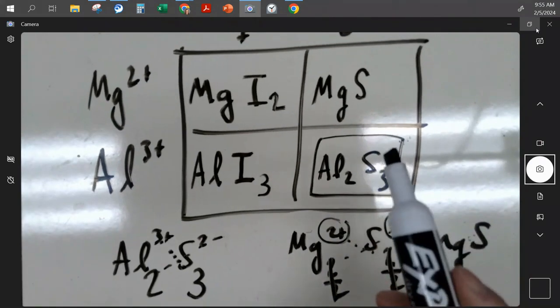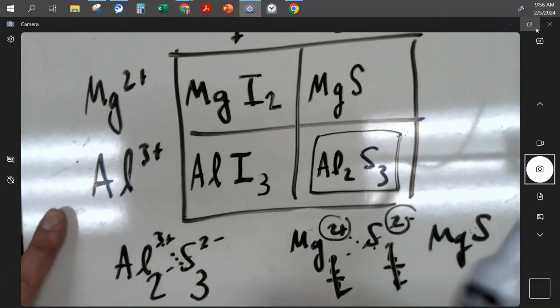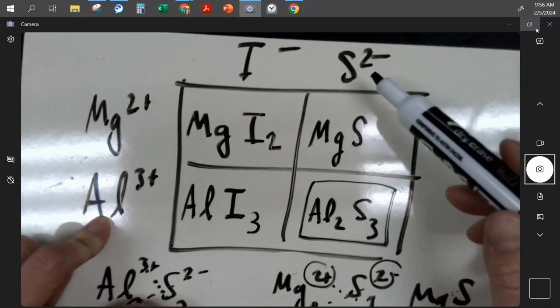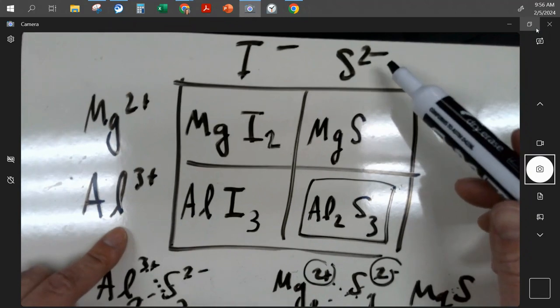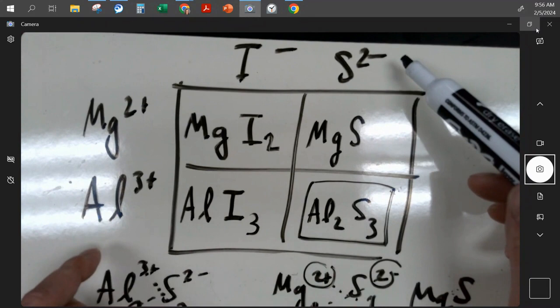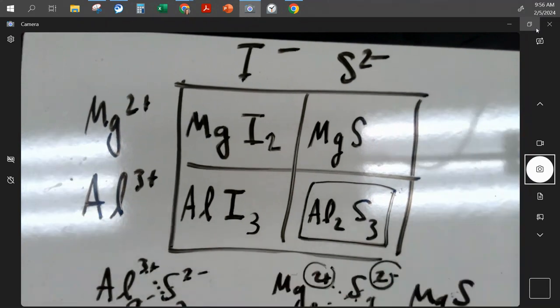Or you can say, this is a 3+, this is a 2- charge, so I need to find the common multiple. The least common multiple of 3 and 2 is 6. If I multiply this by 2 and this by 3, then both of them will have a 6 charge. This will be 6+, this will be 6-, and they'll balance. Okay, questions on that one?